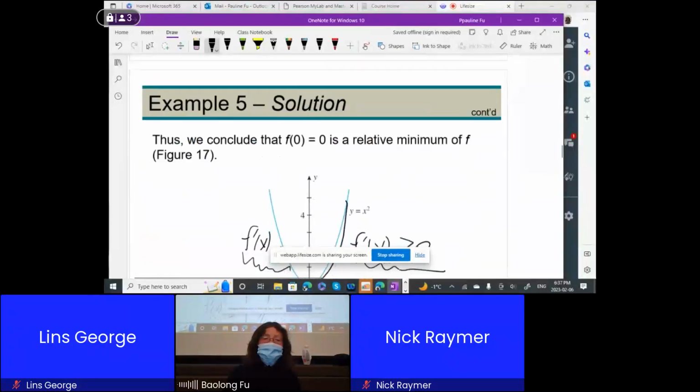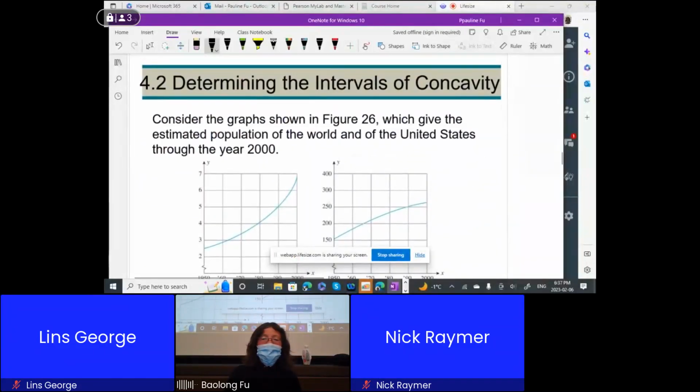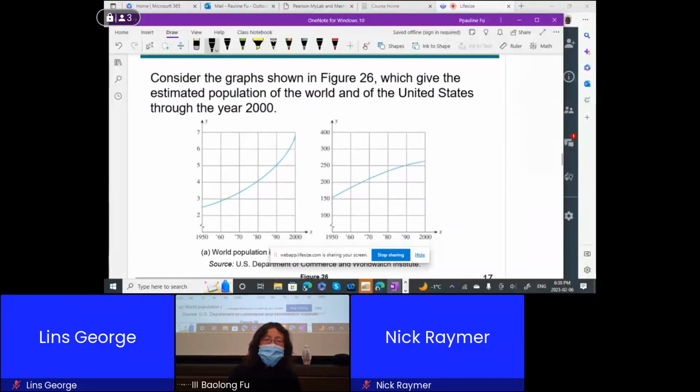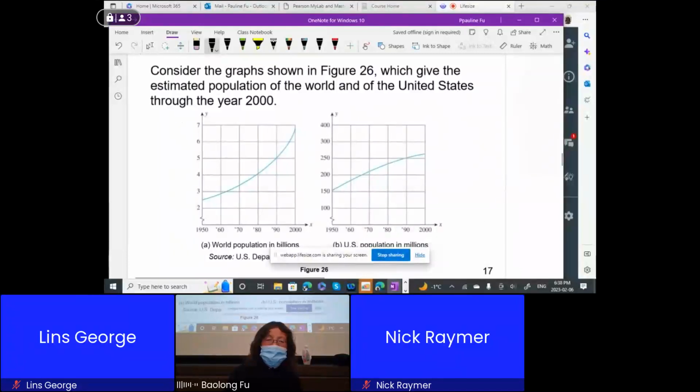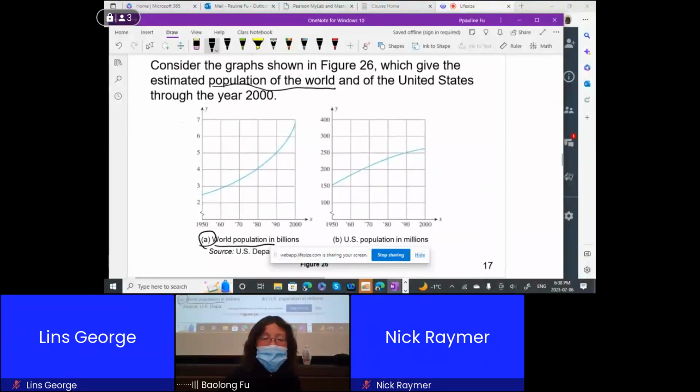Okay, session 2 of chapter 4. Determine the intervals of concavity. There are 2 graphs in this slide. One graph shows the population of the world, world population in graph A. And the second graph, graph B, shows the United States population.